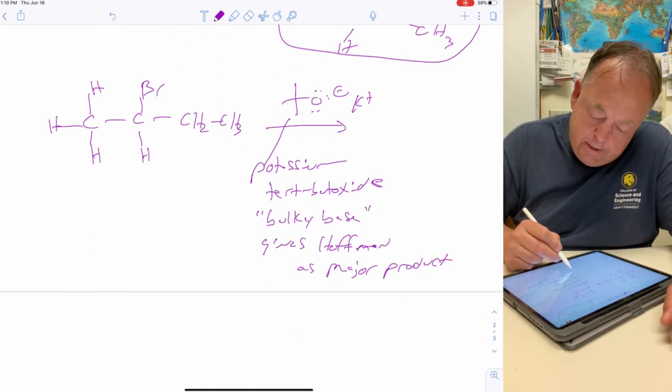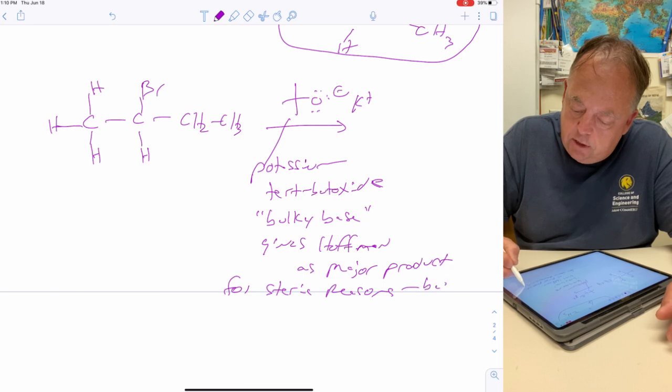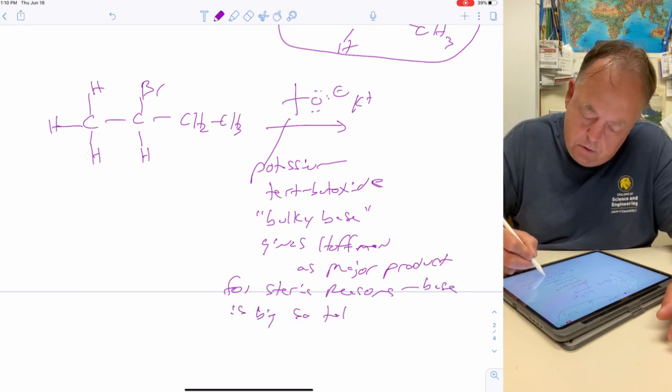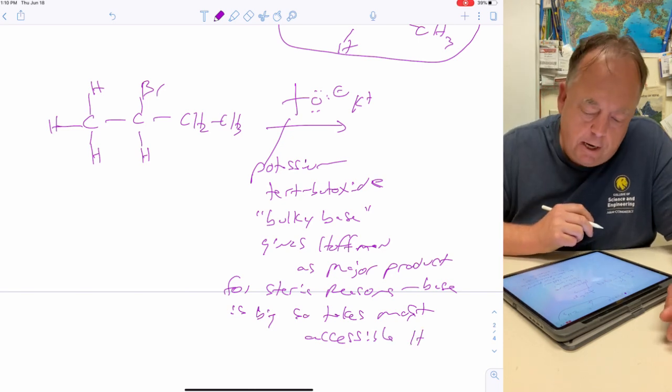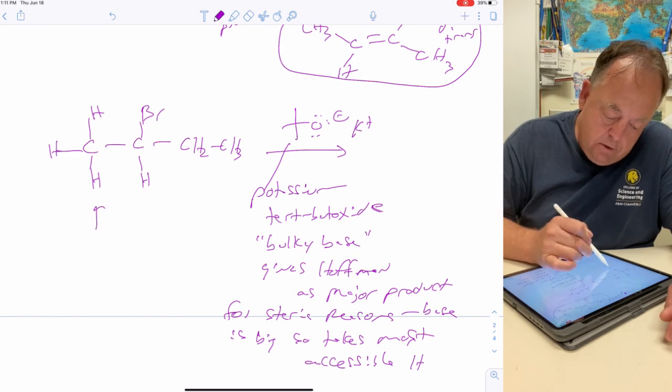And the reason why is for steric reasons, right? The base is big. So it's going to take the most accessible hydrogen, which is going to be one of them on this carbon.